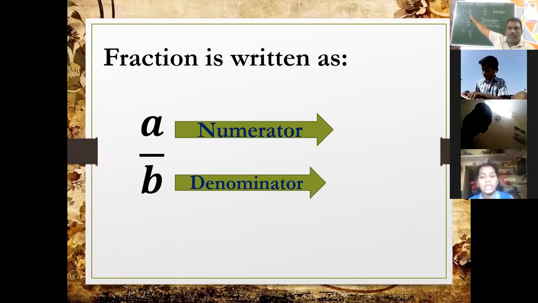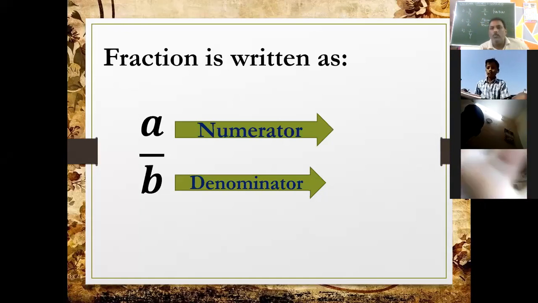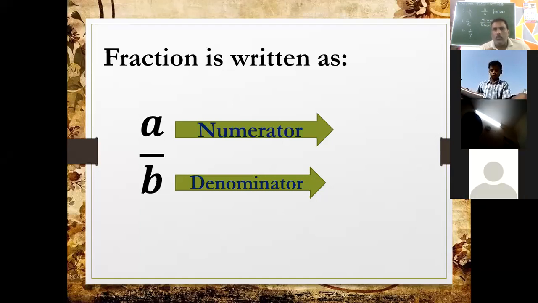In the first fraction, 3 by 4 is a fraction. In 3 by 4, what is the numerator? Unmute yourself, give the answer. What is the numerator in 3 by 4?